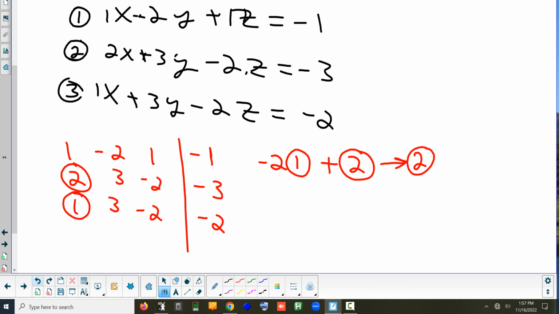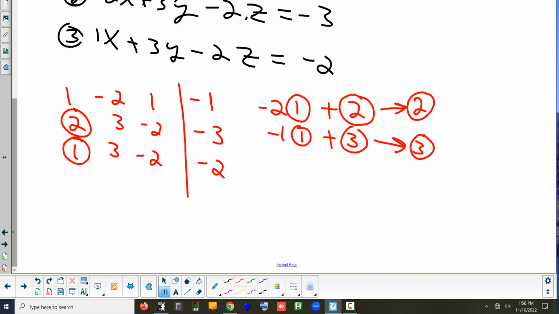So we're going to multiply the top row by -1. So -1 times the first row. We're going to add that to what's in the third row. And that's going to replace what's currently in the third row. So that's what we're going to do. Now, let's do it.